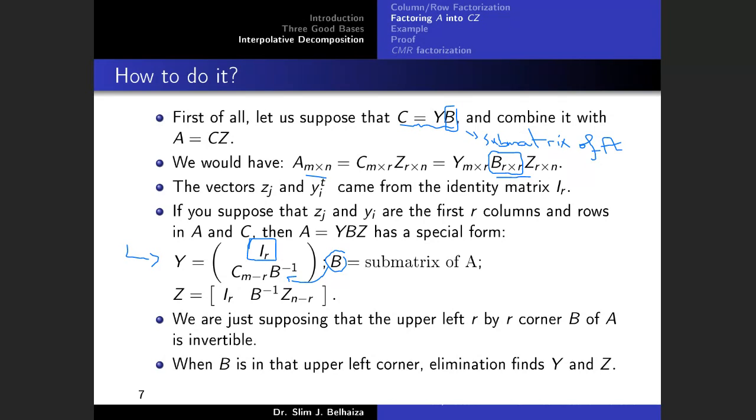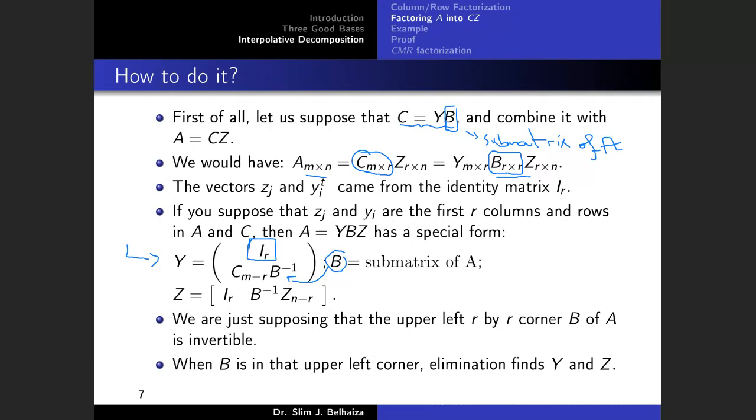Remember, this calls back CMR, okay? So it is telling me that these are the remaining rows in CMR when you already used all first R rows, okay?